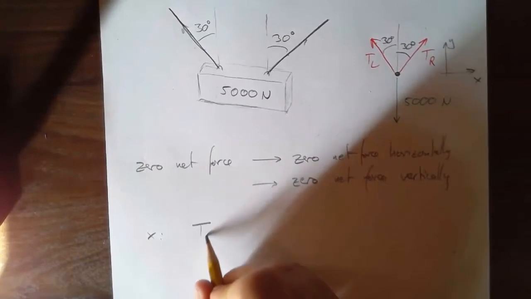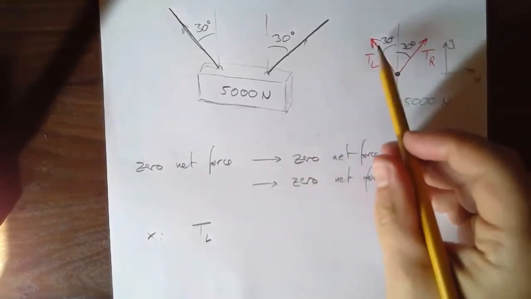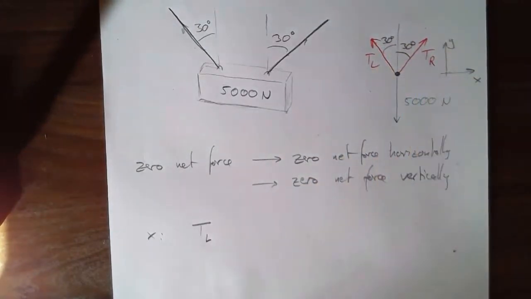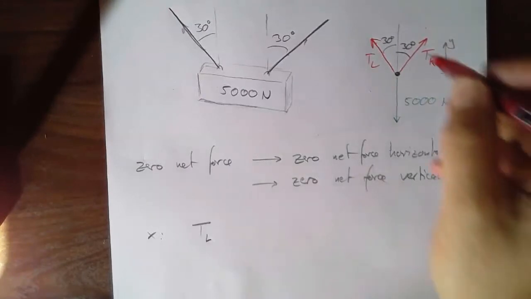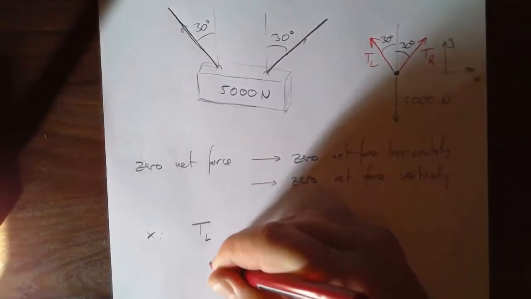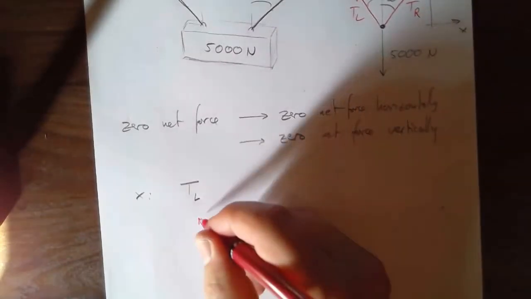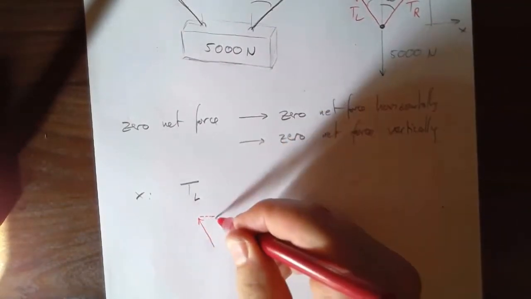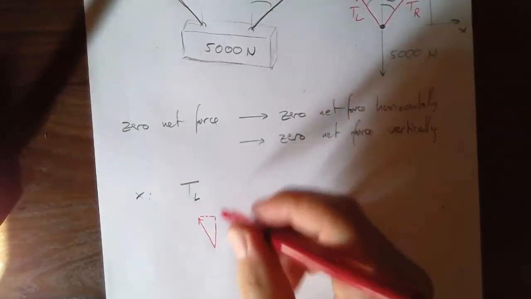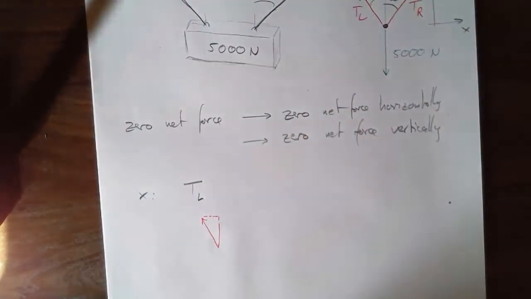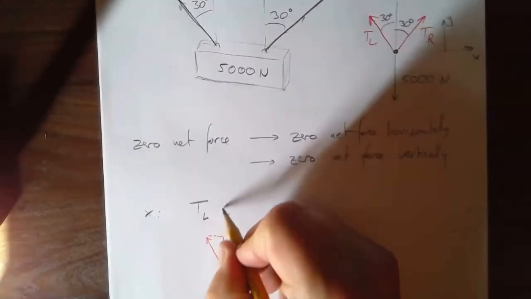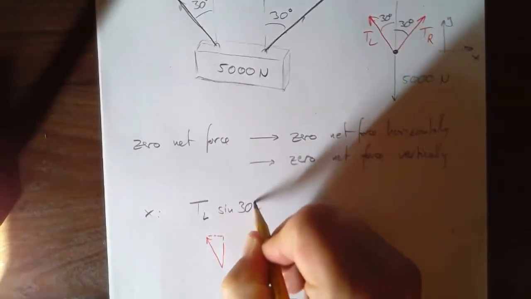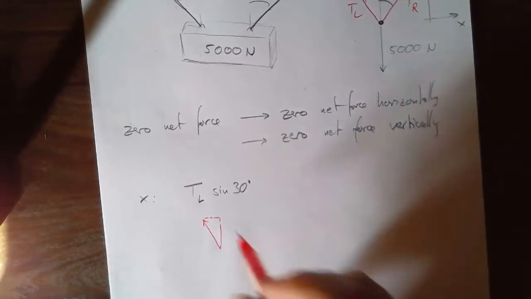So to the left, TL, and then what's the horizontal component of this? Let me just draw it down here. TL sine 30 degrees.